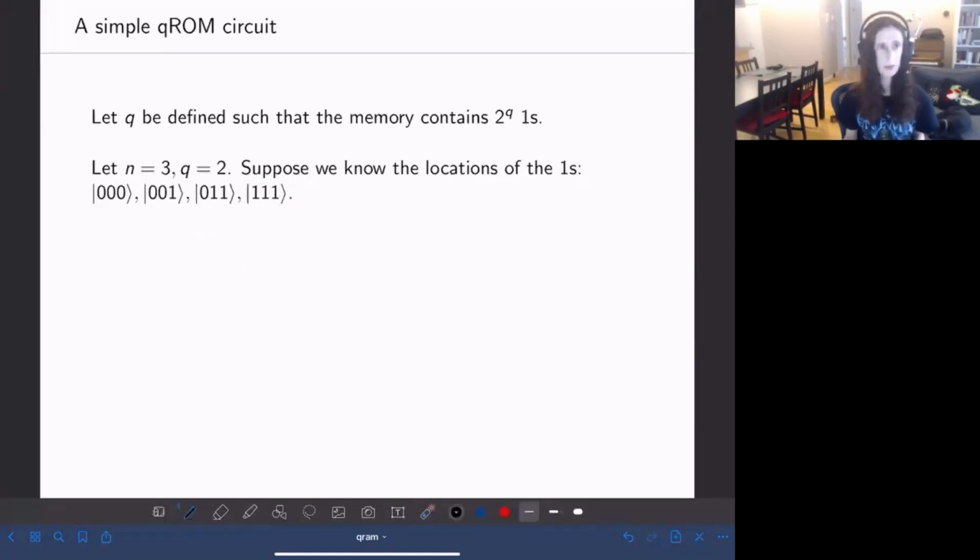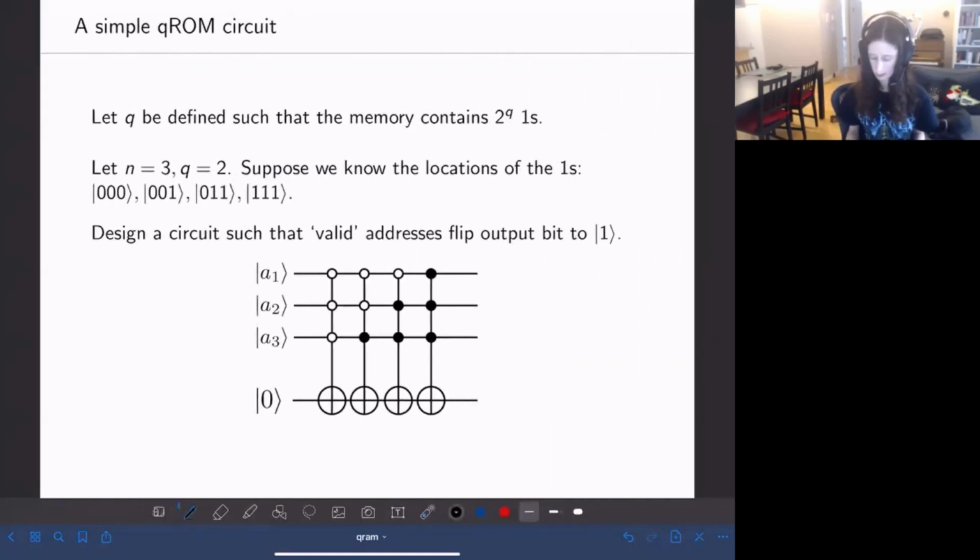What we can do is design a circuit such that each of the addresses that contains a 1 will control a flip of the target bit. So here, if you give the address 0, 0, 0, this multi-controlled Toffoli is going to trigger and flip the output bit to 1. This one here will work for 0, 0, 1, and so on.